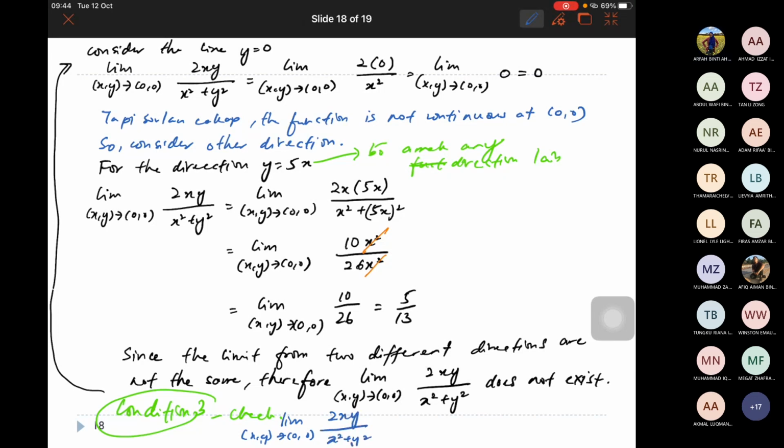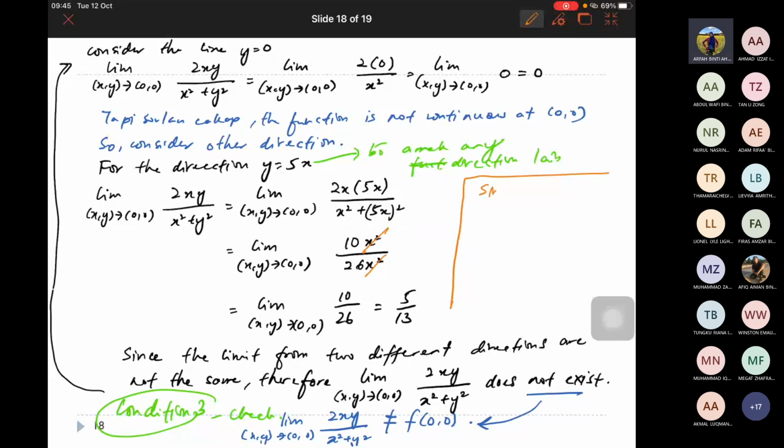Okay. Tidak sama dengan F00. Okay. Sebab limit dia does not exist. Yang ini. So daripada sini, okay, the function is not continuous. So dia punya conclusion yang ini conclusion. Okay.